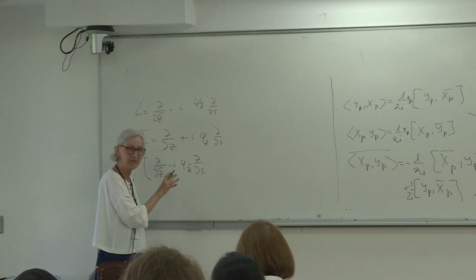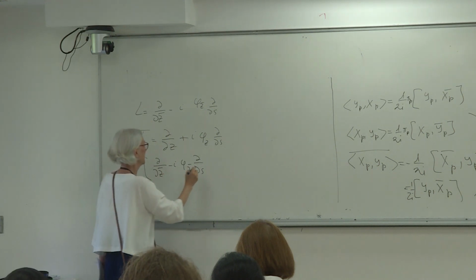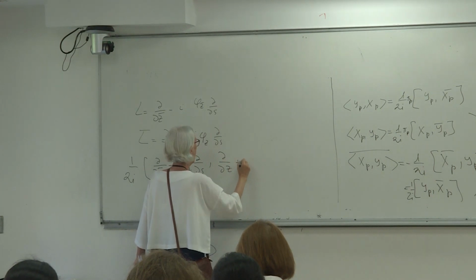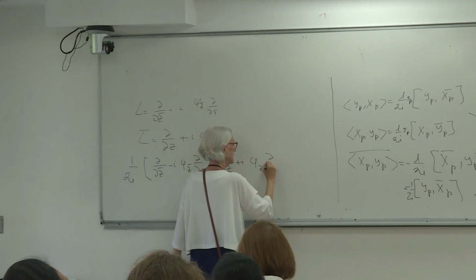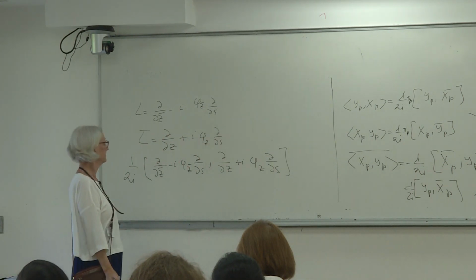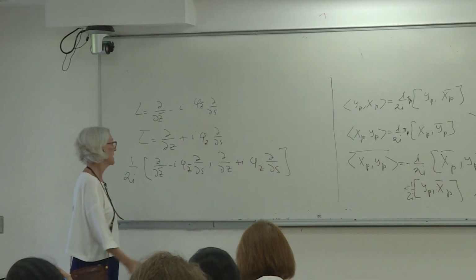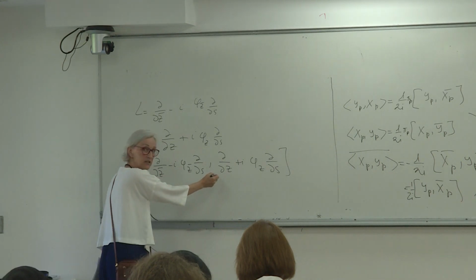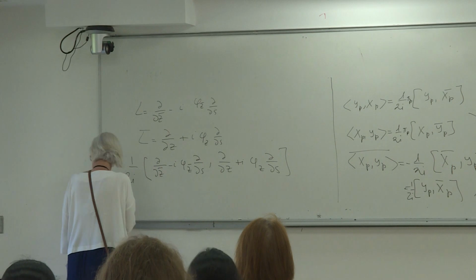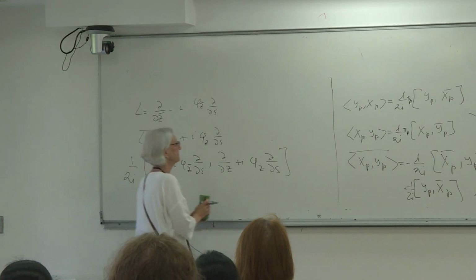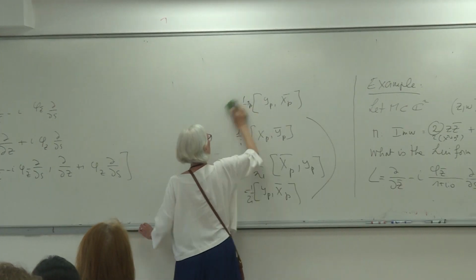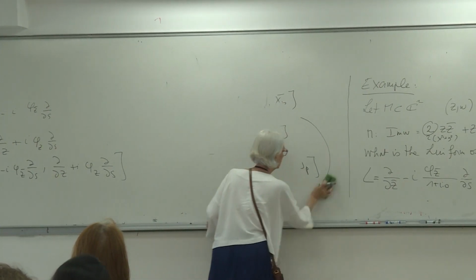I'm going to do that because I'm not sure you are used to this kind of computation: d/dz plus I phi z d/ds. Let's do it. No contribution. Where is the first contribution coming? What is the result of that?